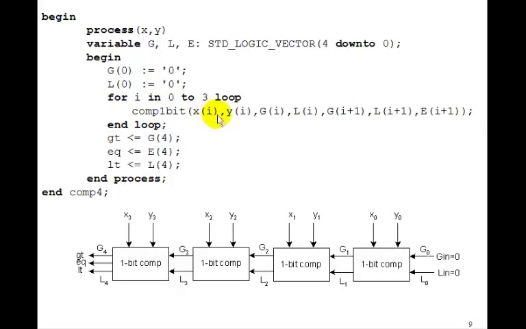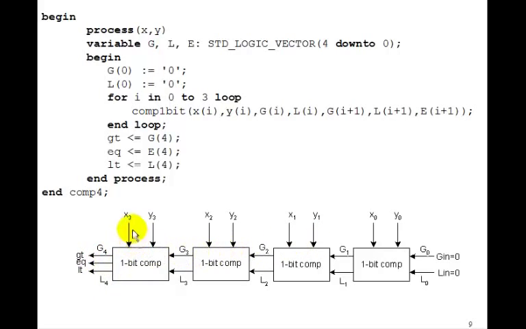The inputs are x2, y2, g2, and L2. Outputs g3, L3, and E3. And then the fourth time through, I is equal to 3. So we have X3, Y3, G3, and L3 as inputs, and the outputs are G4, L4, and E4.